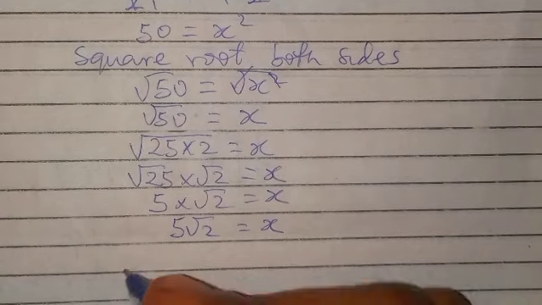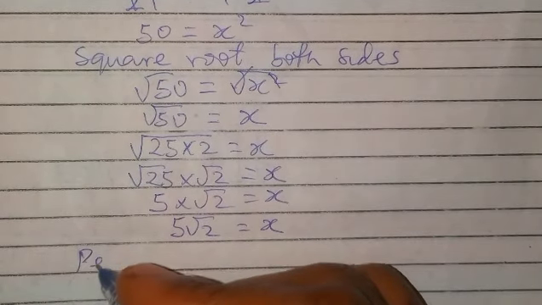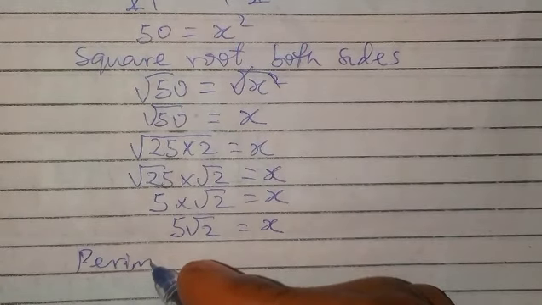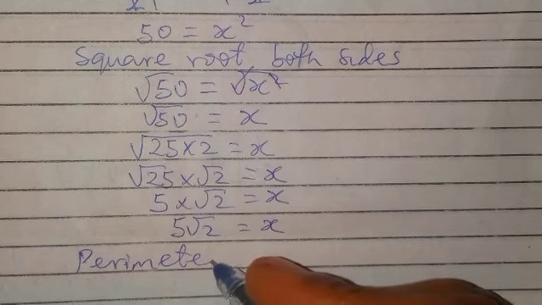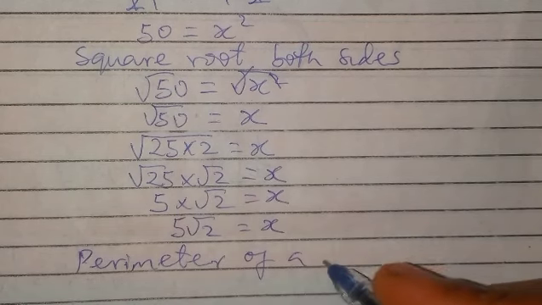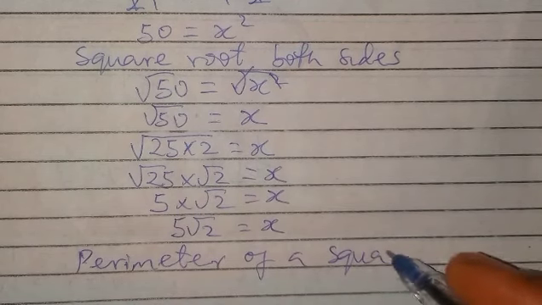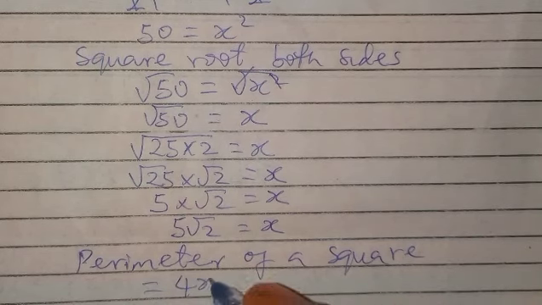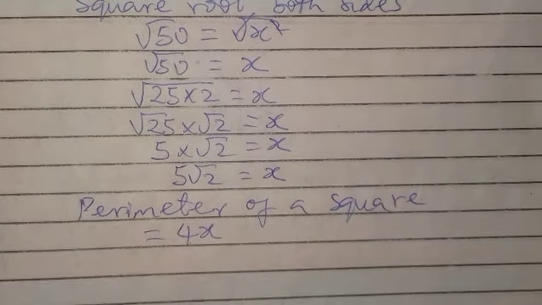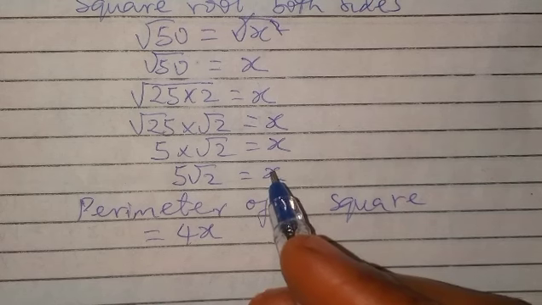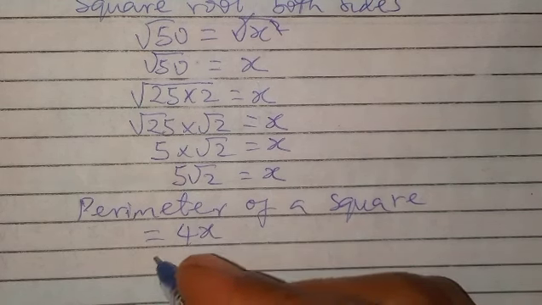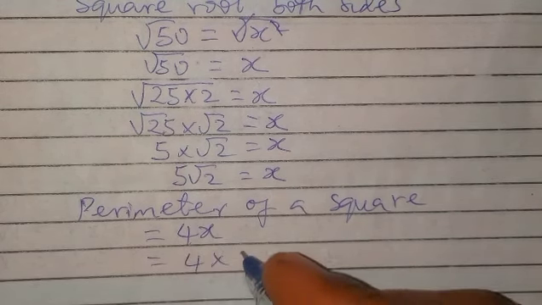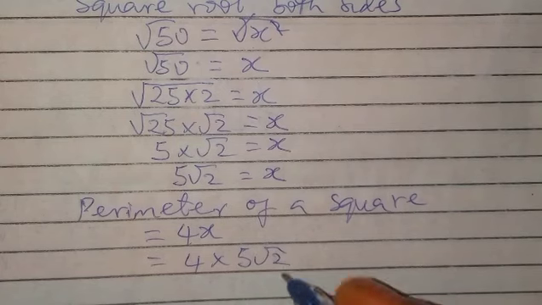Alright, we can say therefore the perimeter of a square is equal to 4x, that's 4 times x. And we know that x is equal to 5 root 2. So we can say that this is 4 times 5 root 2.